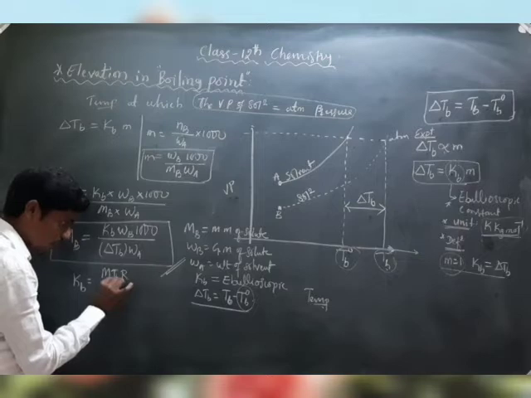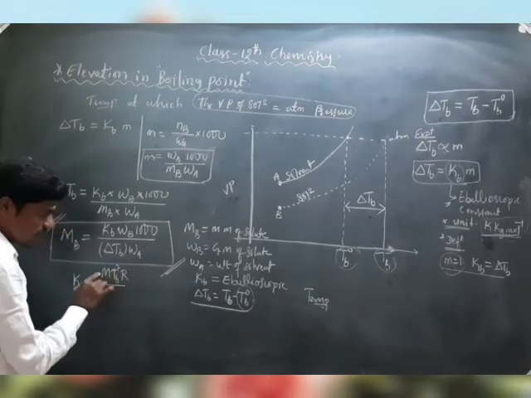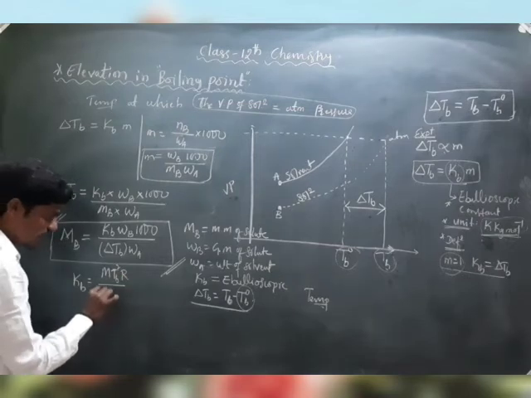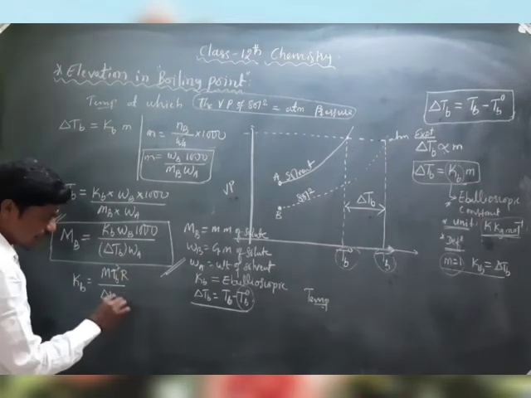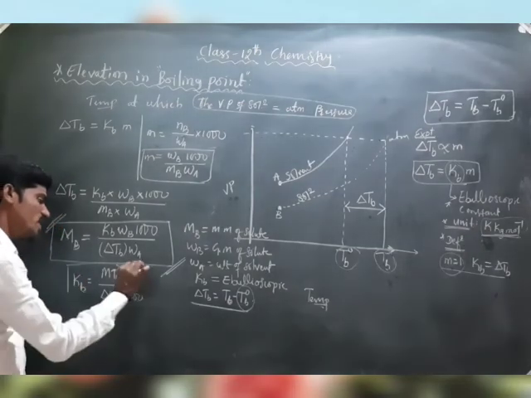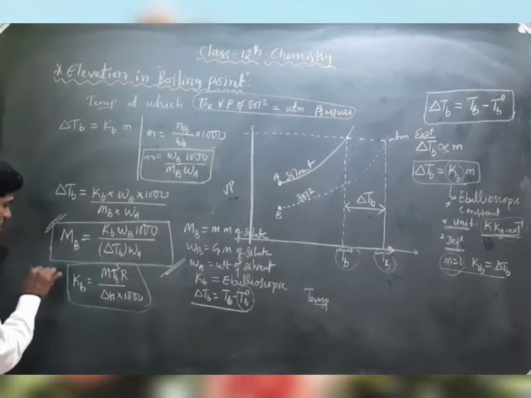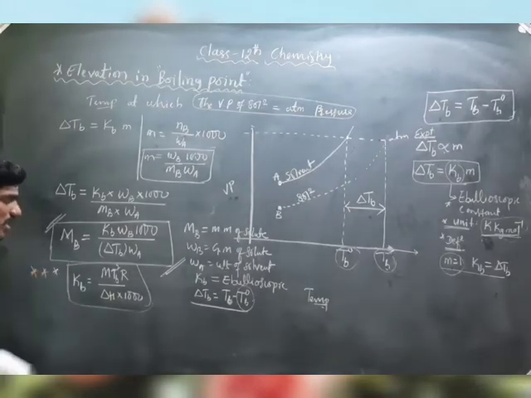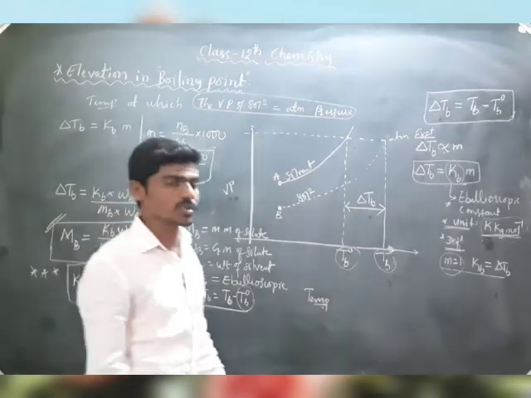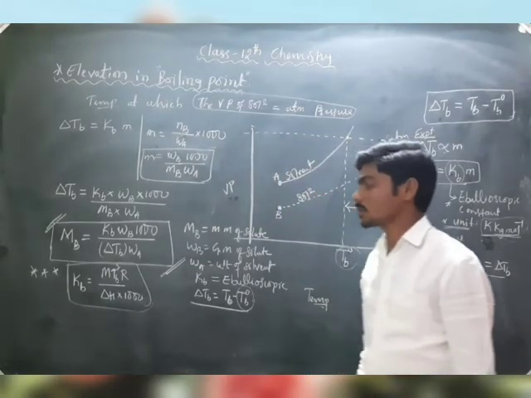So here, for boiling point, KB is equal to M TB square R divided by delta H vaporization into 1000, where delta H is the enthalpy of vaporization. If the latent heat or enthalpy of vaporization is given, then you can find the KB value and then substitute it in the formula to find the molar mass of solute.